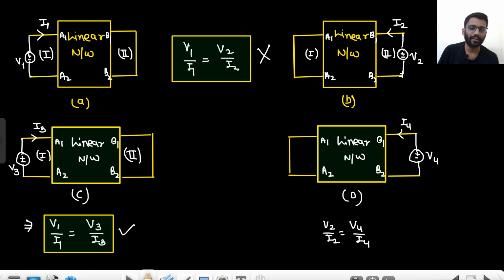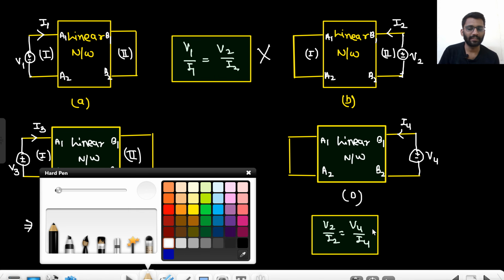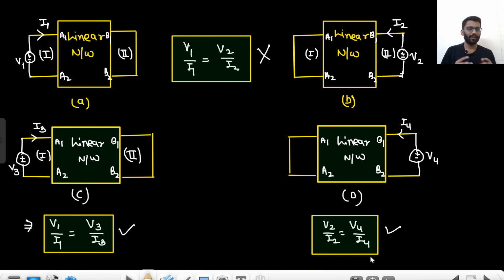Are you getting this point? Many times I have seen even teachers teaching this point wrong. If you are talking about voltage and current at the same port, when you are taking the ratio, the other network should have the voltage and current at the same port only. And let's just call this current as I dash and this current as I double dash.